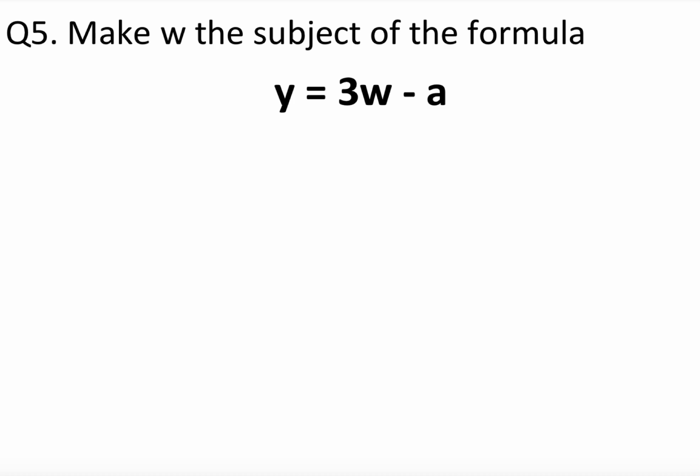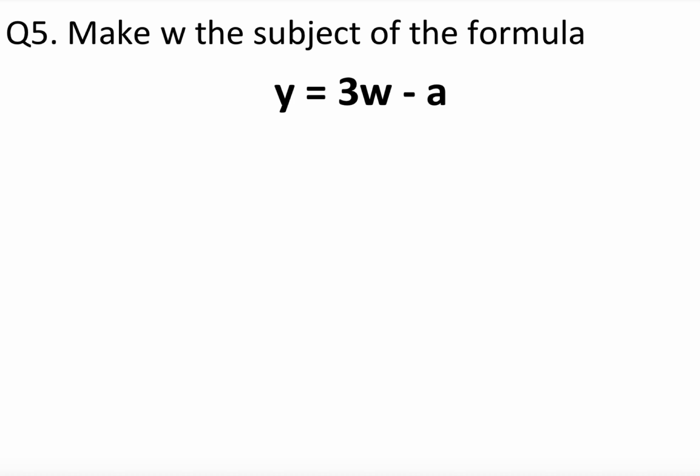Make W the subject of the formula. You can see the formula: Y equals 3W minus A. What we've been asked to do is make W equal whatever the formula is. The easiest way is to start off with W on the right hand side.